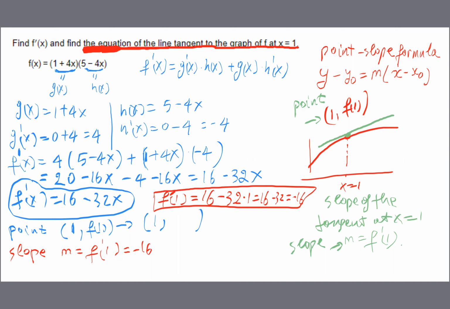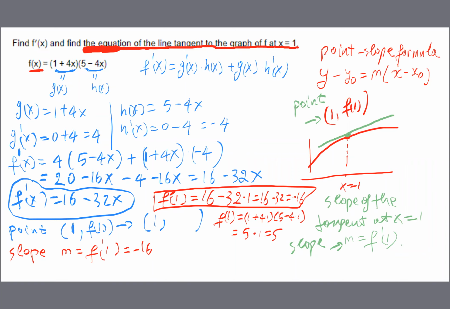f of 1, plugging 1 for x into f of x right here. f of 1 is 1 plus 4 times 1 times 5 minus 4 times 1. 5 times 1 equals 5.